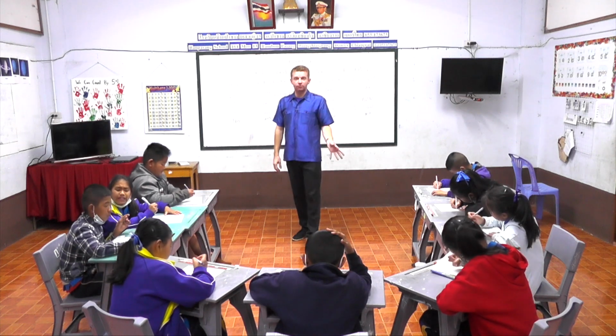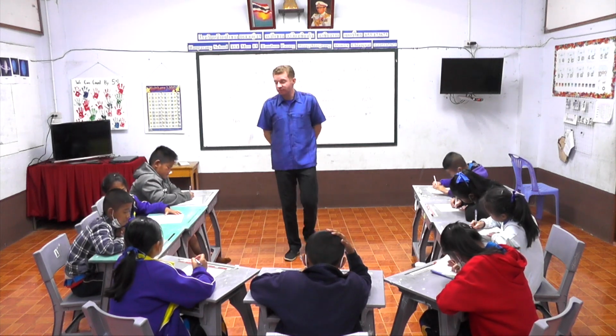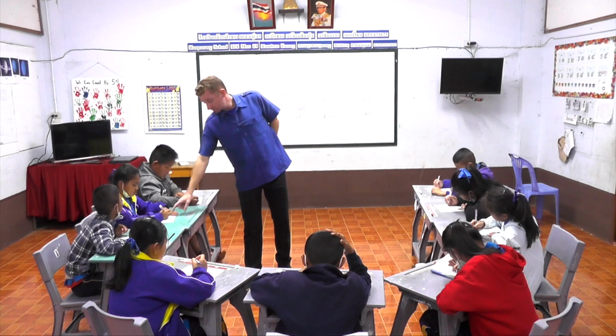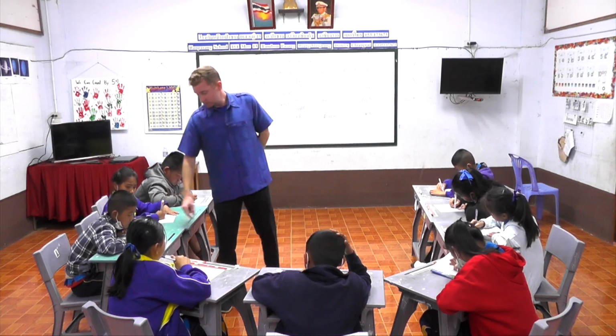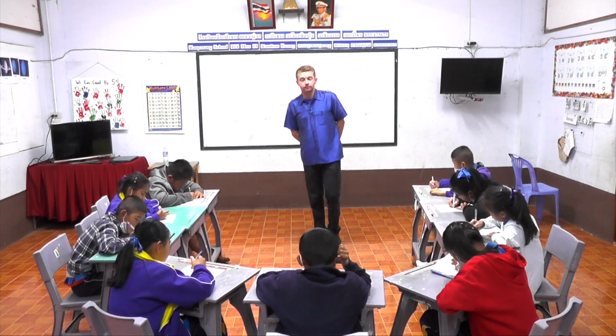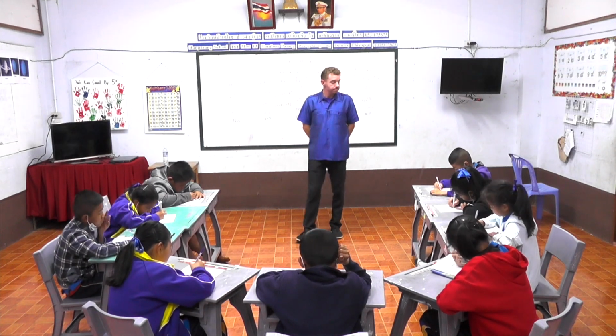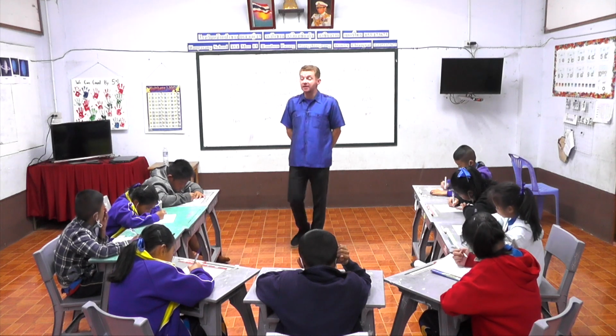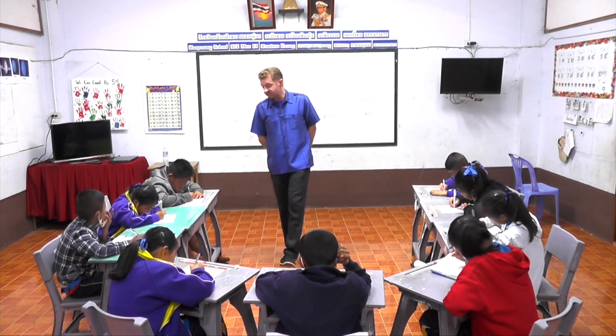Always the same structure, but it's the words that are different. So all of the words are already there for you guys. Just need to put them into the correct order.